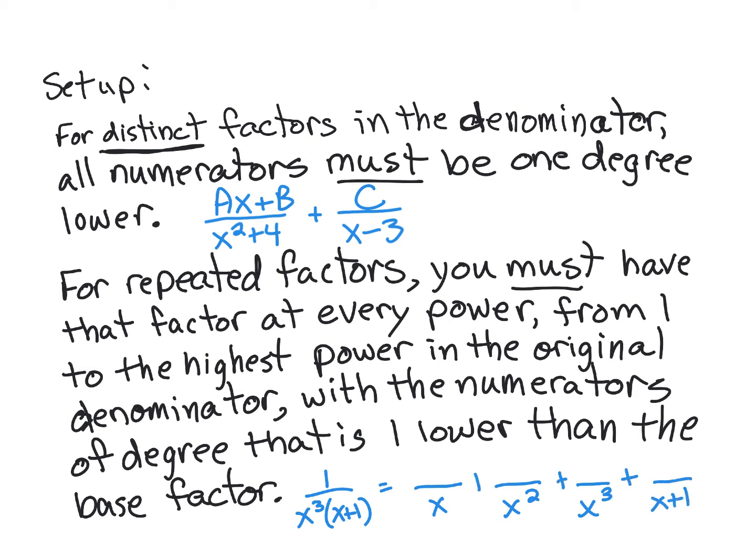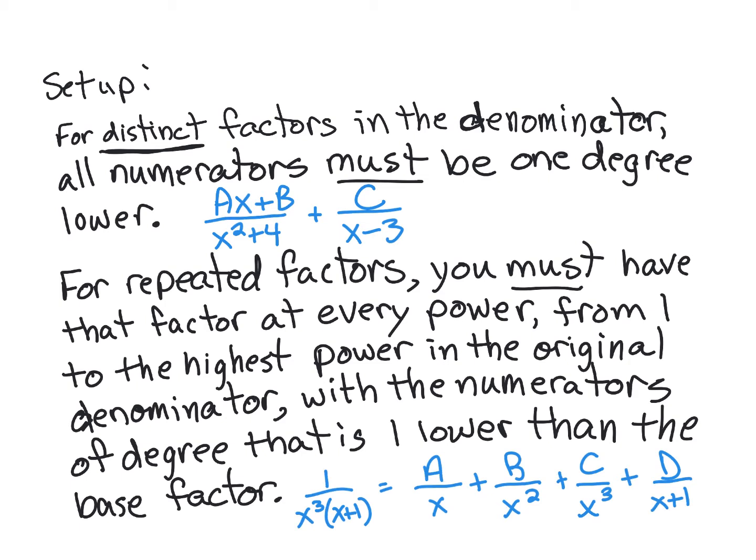Now your numerators, you must have it every power from 1 to the highest power in the original, and the numerators will be based on the base factor. This says x cubed, but the base was just x, right? So all of these numerators for the x's are going to be 1 power lower than x. So they're just constants. And you see that last factor, x plus 1, 1 power lower, and I get that.